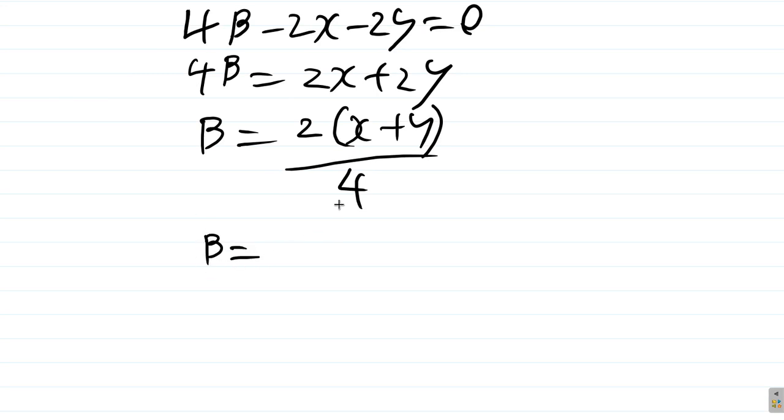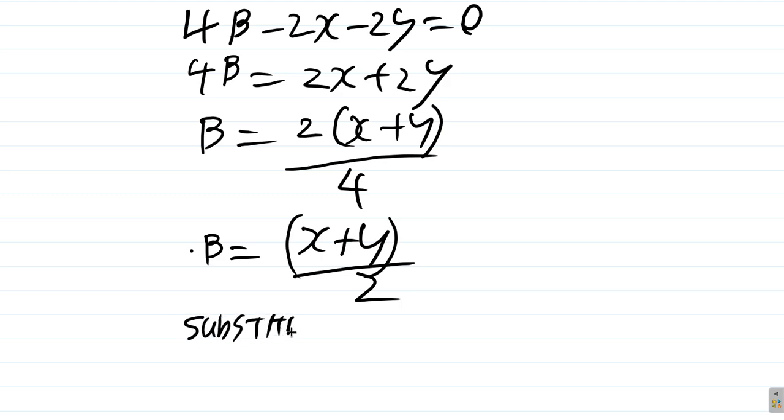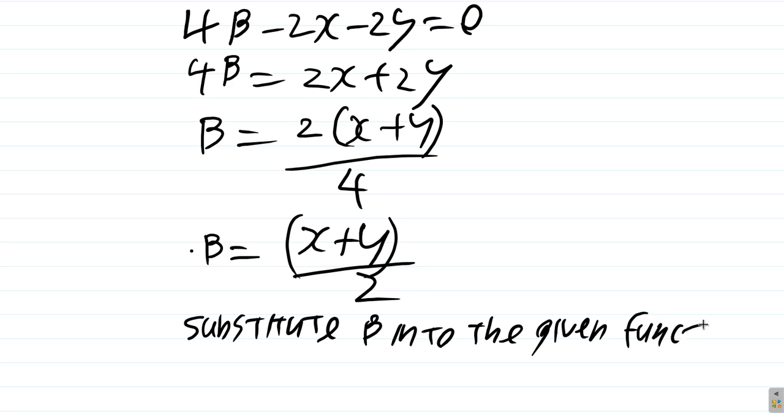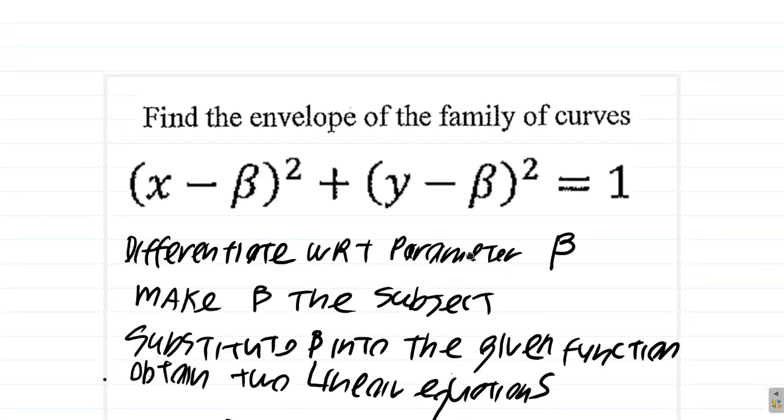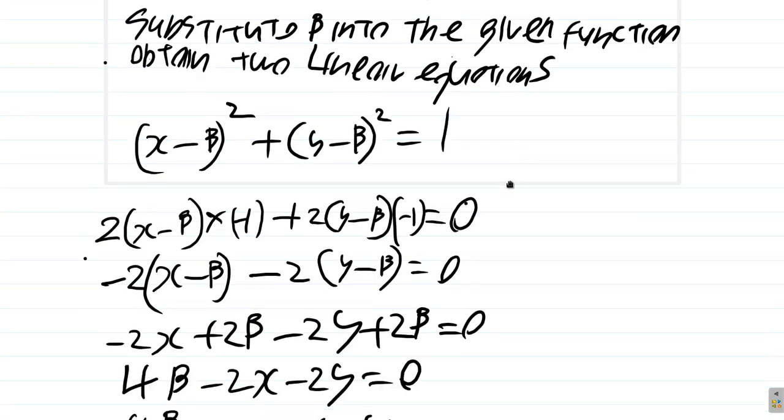So you say beta is equal to 2 into 2, 1; 2 into 4, 2. (x plus y) over 2 is what you get here. Nice. So that is your beta. The next thing to do is substitute beta into the given function, that's the function of the curve. So it was (x minus beta) squared plus (y minus beta) squared equal to 1.